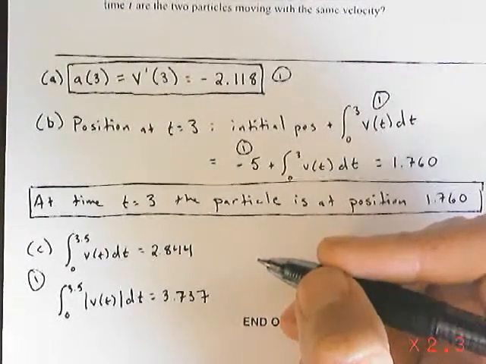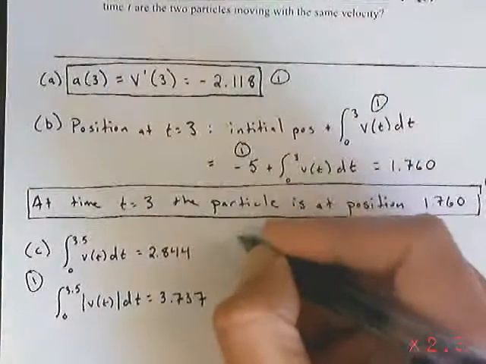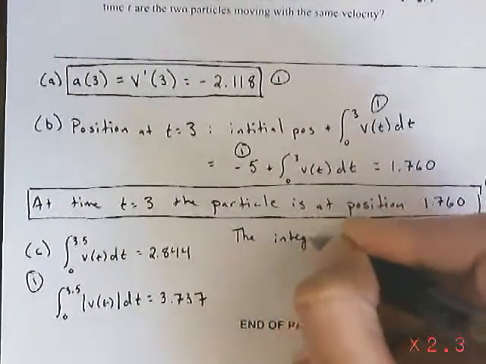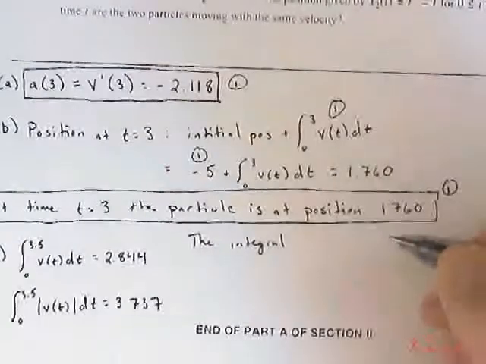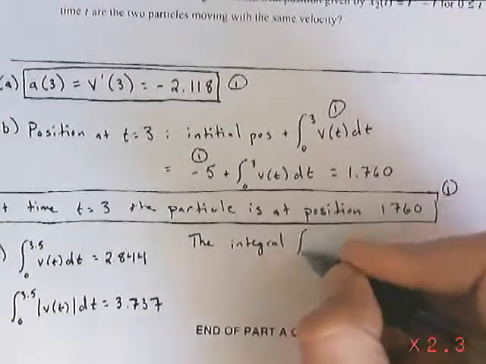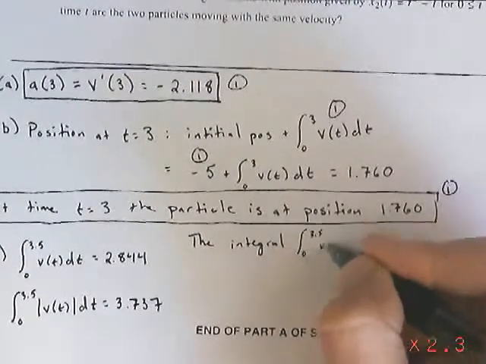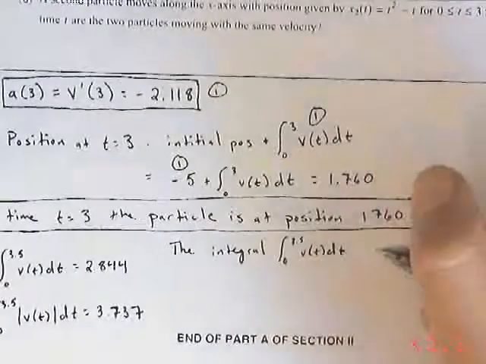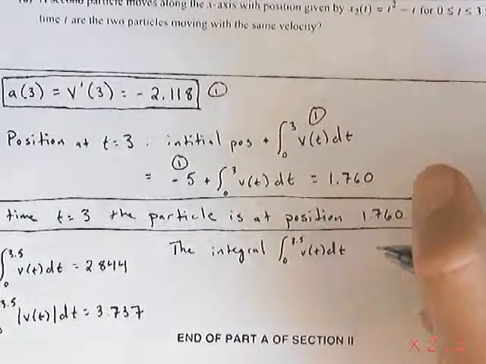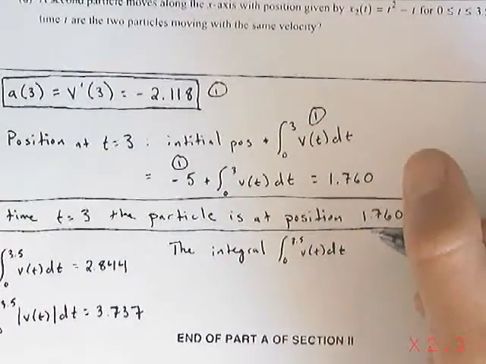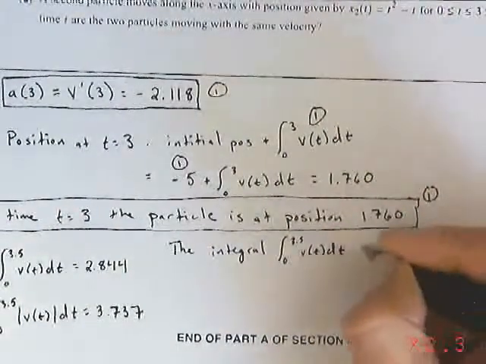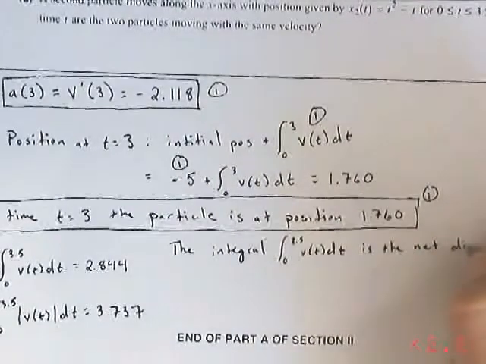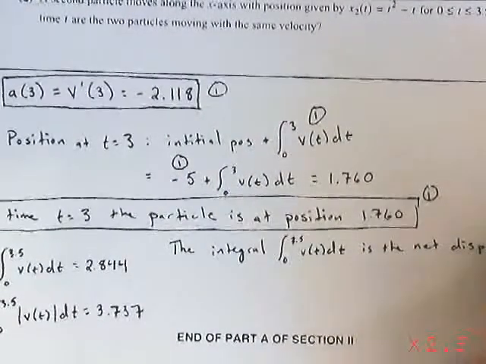Let's say, so kind of off to the side. So the integral from 0 to 3.5 of v(t) dt is the net displacement.